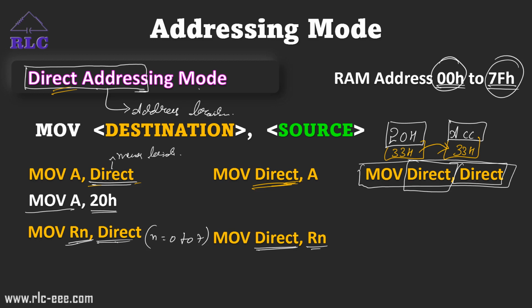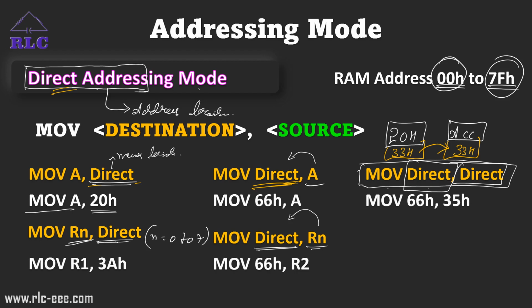Then the destination can be a direct address also: MOV direct address, A, where the accumulator value will be copied to the memory location. Then MOV direct address, Rn, where the register value will be copied to the direct address. Then MOV direct address, direct address means between two memory locations the data will be copied.